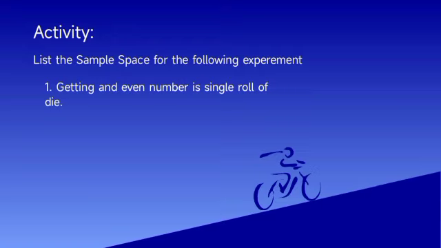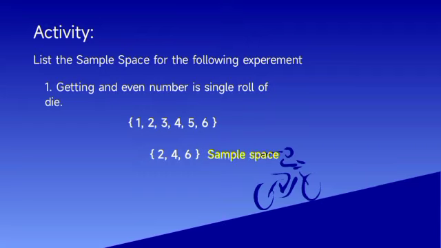The sample space of rolling a die is 1, 2, 3, 4, 5, and 6. So, what are the even numbers of the sample space? We have 2, 4, 6, right? Therefore, 2, 4, 6 is the sample space of getting an even number in a single die.